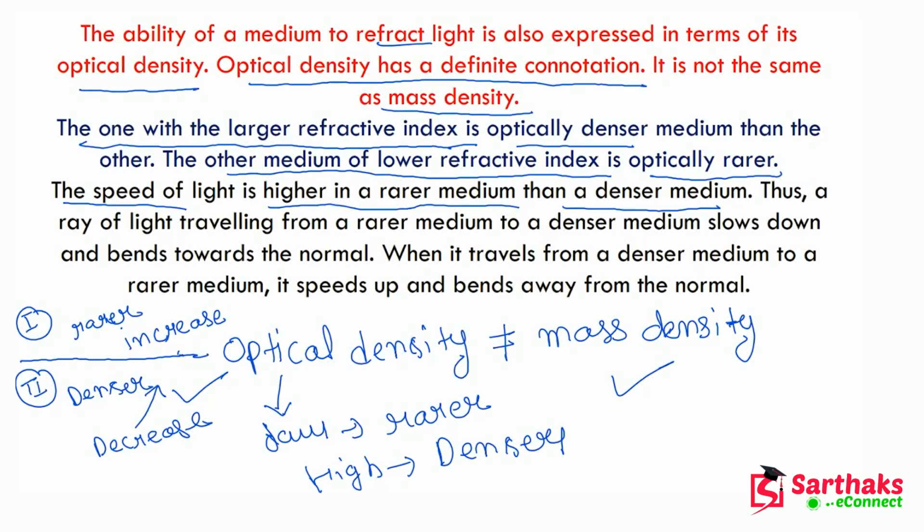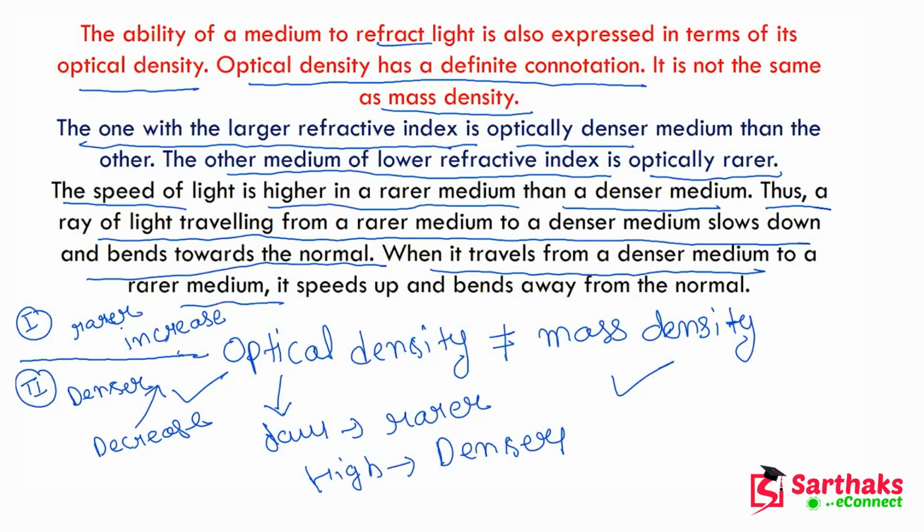Now, the same thing is written here. Thus, a ray of light traveling from a rarer medium to a denser medium slows down and bends towards the normal. When it travels from a denser medium to a rarer medium, it speeds up and bends away from the normal. I hope you got my point.